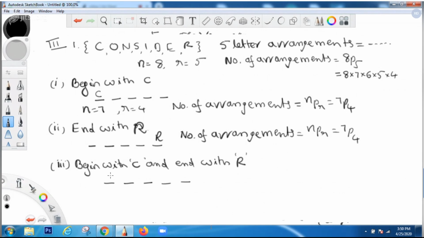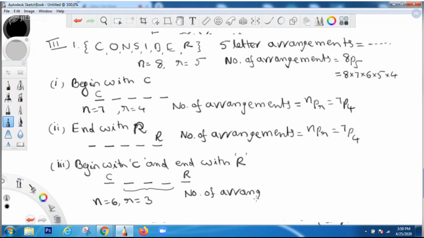Here we fix C, and here we fix R. How many places are still to fill? 3. How many letters are available to us? 6. So n is 6, r is 3, and the number of arrangements is 6P3.